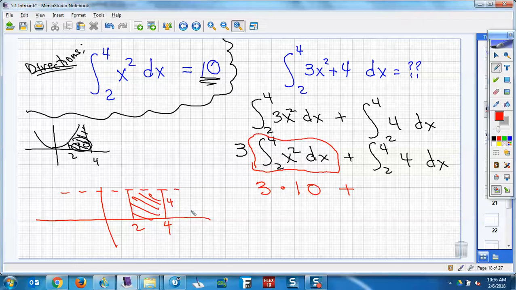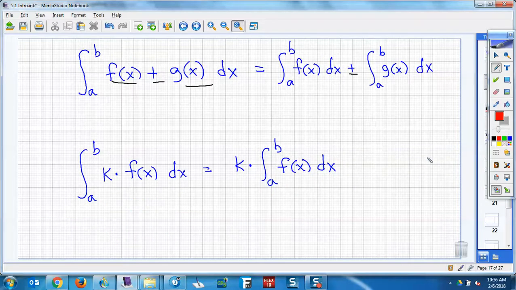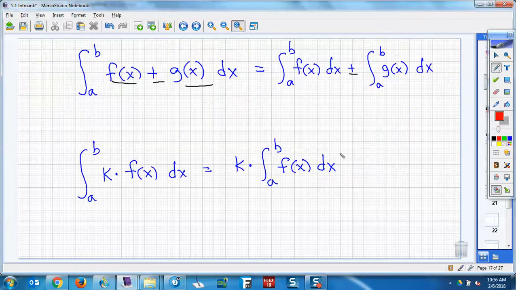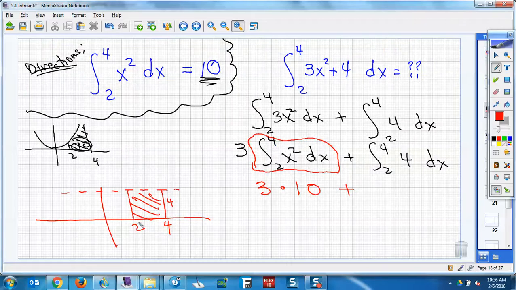That's 8, right? So this integral we can calculate ourselves using geometry. The only types we know how to do areas of right now is we draw a graph and see what the picture is and use geometry. So we say, oh, that's a 2 by 4 rectangle, that's 8. So this answer is 38.